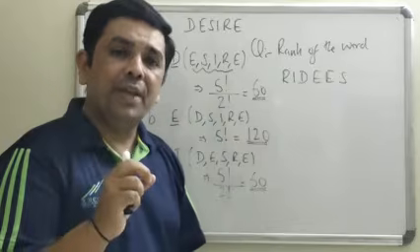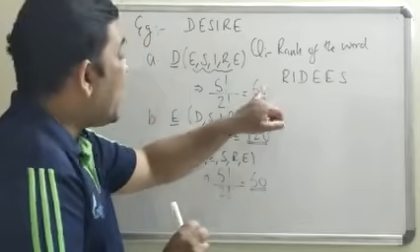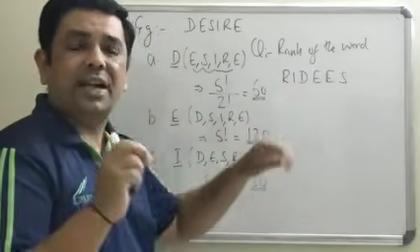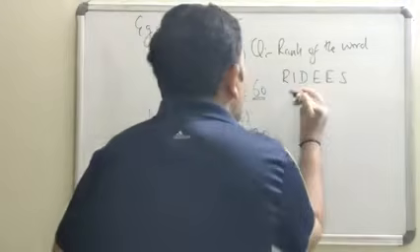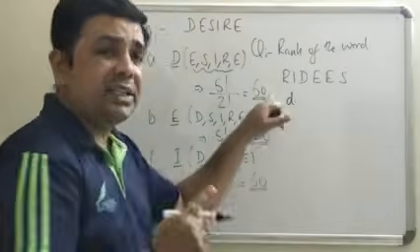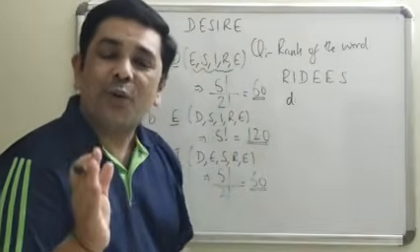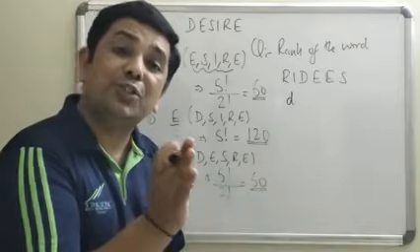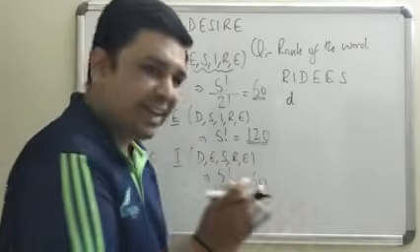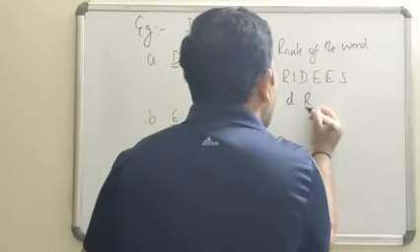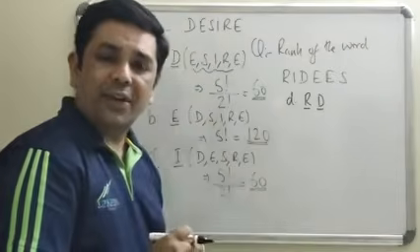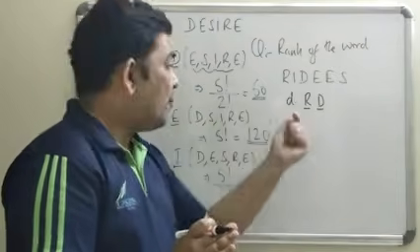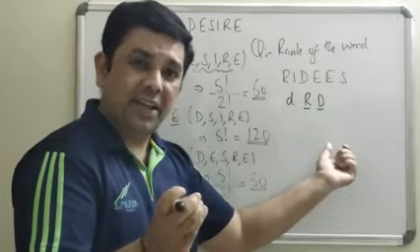That means now I have to break the words starting with R. And how to break them? So far we have been talking about fixing the first place. Now what we'll do? We'll fix the first 2 places. Correct? So now we'll say, let me fix R and D. Alright, so words where the first 2 alphabets are RD.